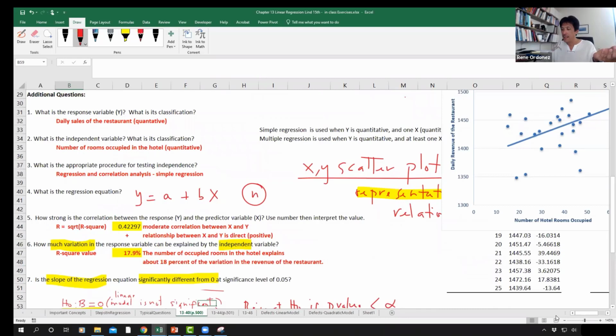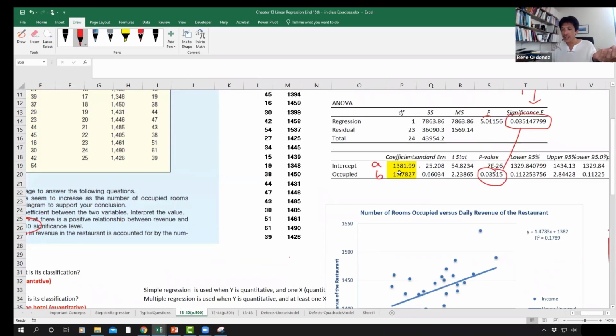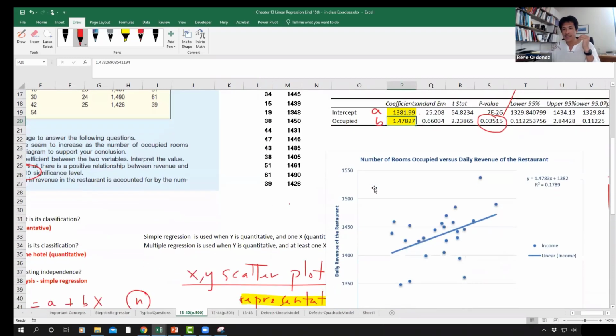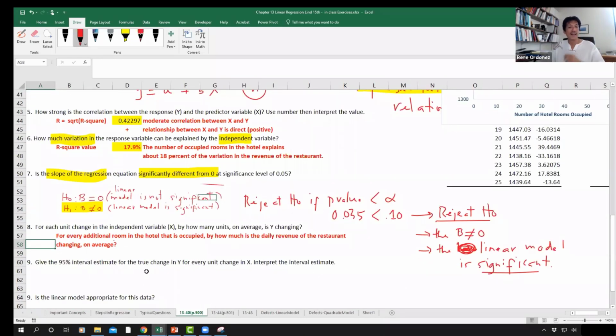Okay. And the slope of the equation is 1.48. 1.48 what? Well, it's $1.48.